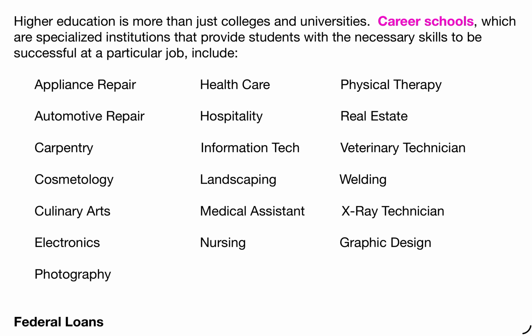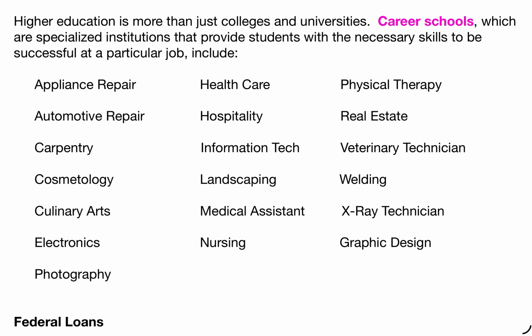You can choose to go into healthcare, real estate. You can become a welder or go into landscaping, culinary arts, electronics, photography. This is not an exhaustive list, but this gives you an idea of some areas that students can go into aside from going to colleges and universities.